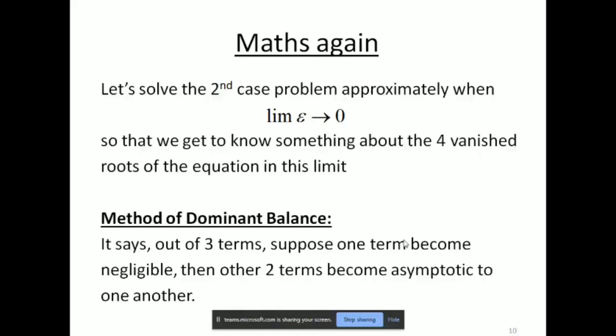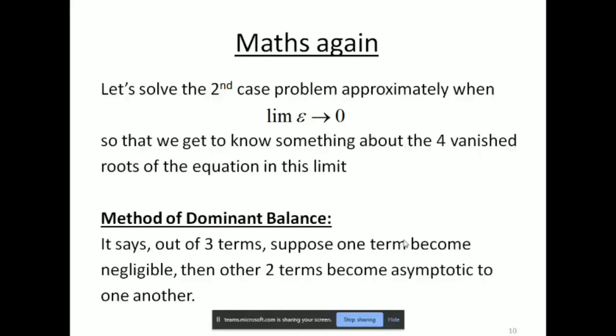One of the techniques is the method of dominant balance. It says that if my equation contains 3 terms and suppose one term becomes negligible, then the other 2 terms become asymptotic to one another. And I will be using that technique here to solve the problem.